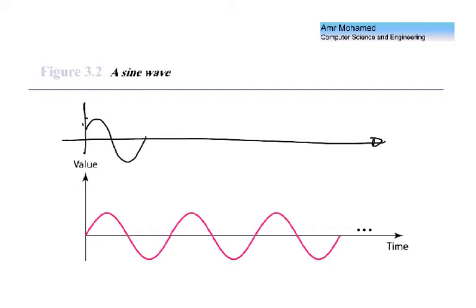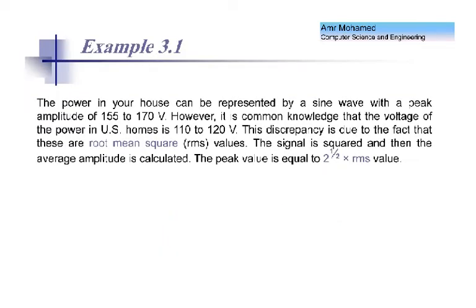So this does not start from 0. It's as if you have part of the cycle offset to the left. We call that this is shifted, and in that case, the phase of this sine wave is not 0. So these are the three main values that represent a sine wave in general.